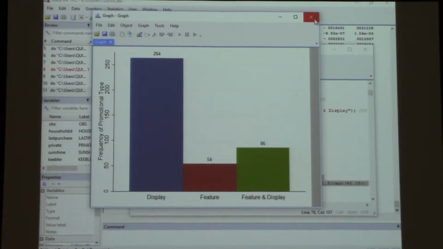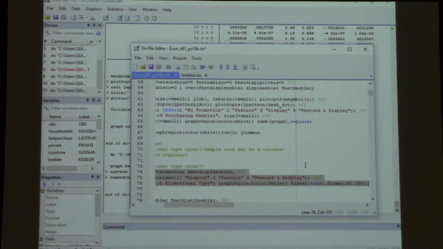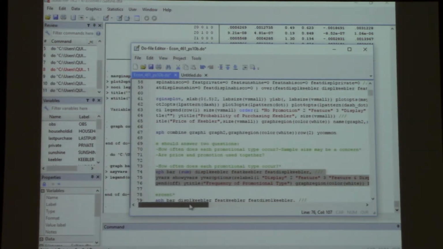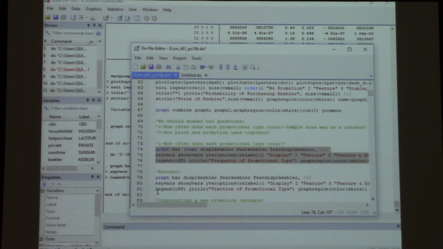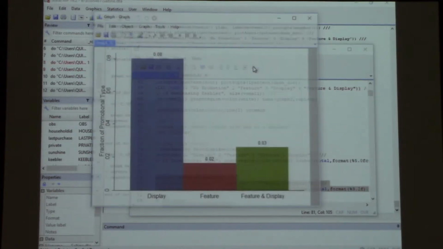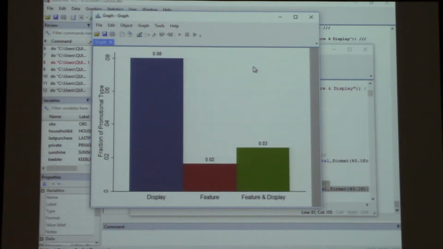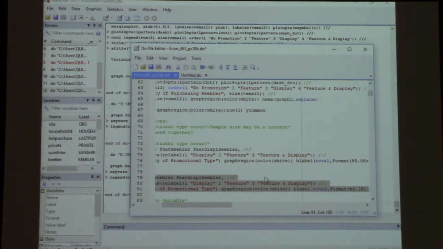So what we want to see is the times that we don't promote at all. To do that, and then we can get the percent obviously. And this just gives us the percent of times of promotion. So 8%, 2%, 3%, which tells us that it's not on promotion all the time.